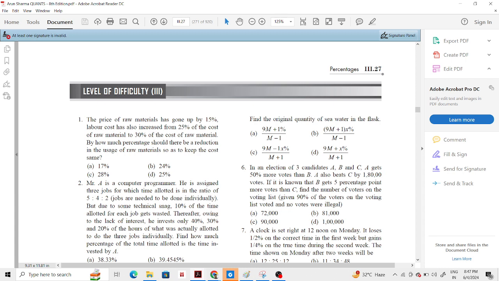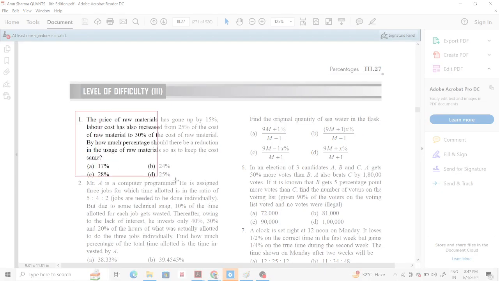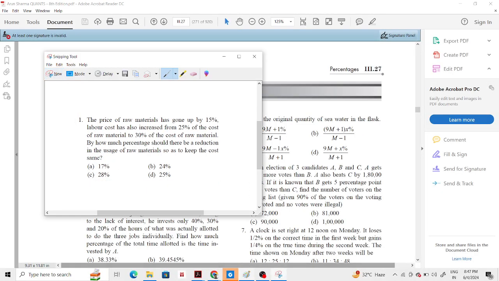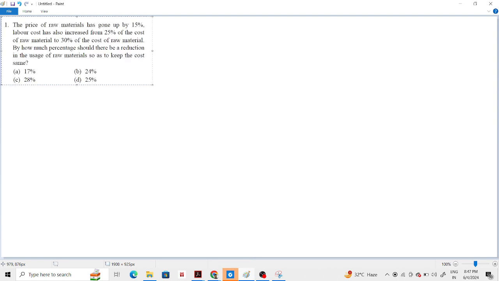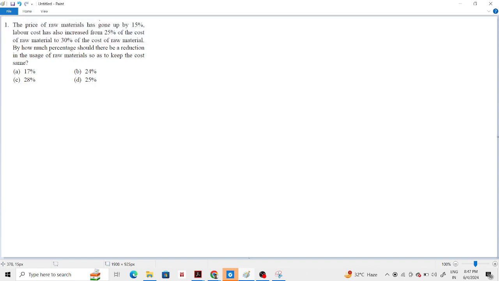So here the price of raw material has gone up by 15%.